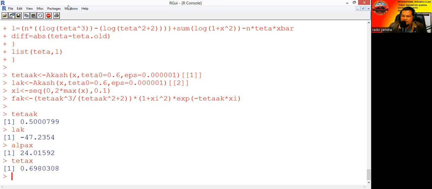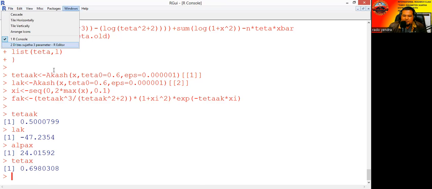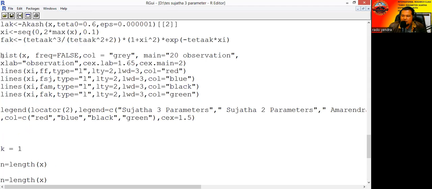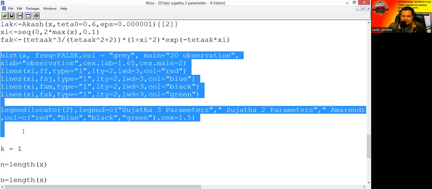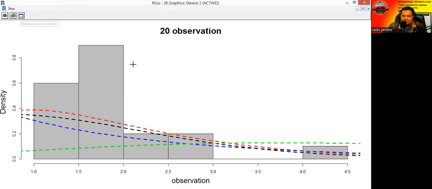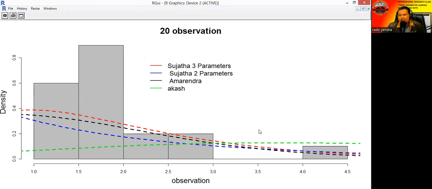Okay, after we have found all the parameters, we run the goodness of fit test for the four distributions here. Okay, we run. We check here. If we analyze this figure, no one model can fully capture the histogram. But we can see the red one is the representative of the Sujatha three parameter distribution.